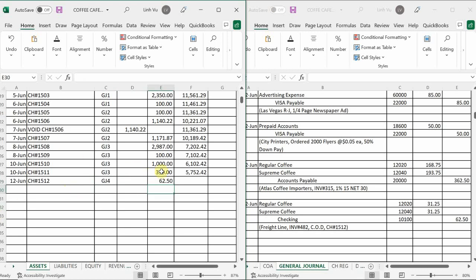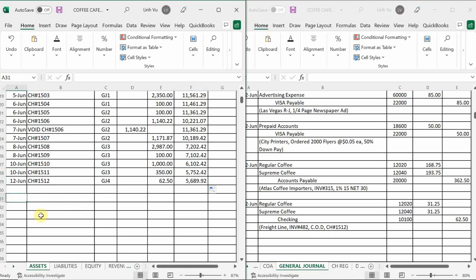So my bank should decrease from $5,752 to $5,689. So I definitely decreased my bank account. I only have $5,600 now in my bank.